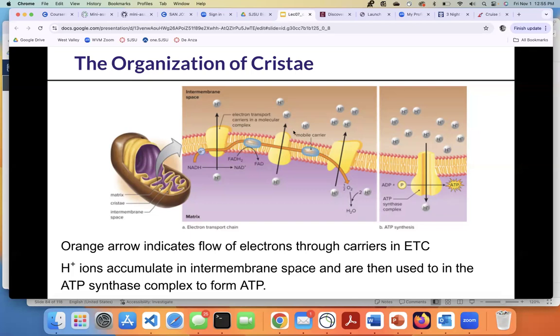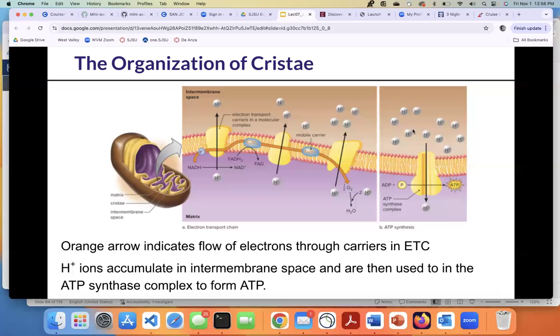These are the carrier proteins that I was talking about. There are all these different little carrier proteins that are going to accept the electrons from the NADH and FADH2, the electrons that these carriers are carrying. In the process of accepting the electrons, it's also going to push the hydrogen against its concentration gradient. So this is active transport that is happening right here.